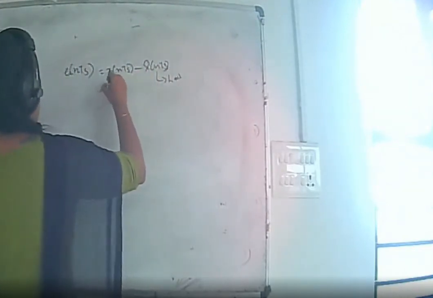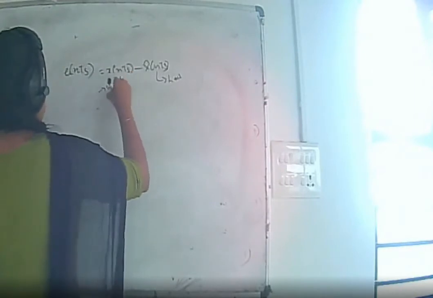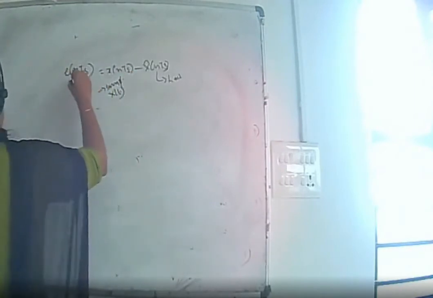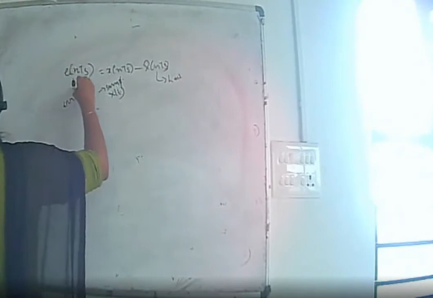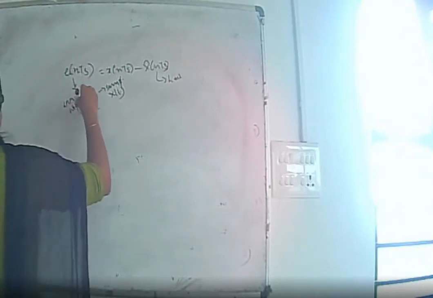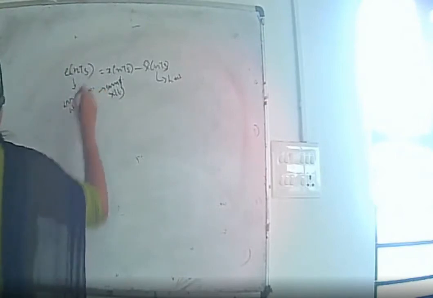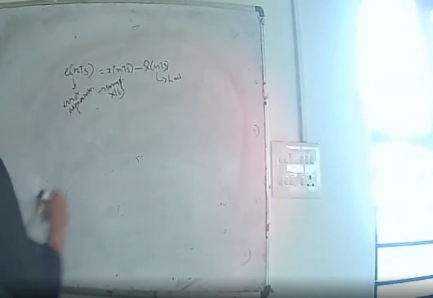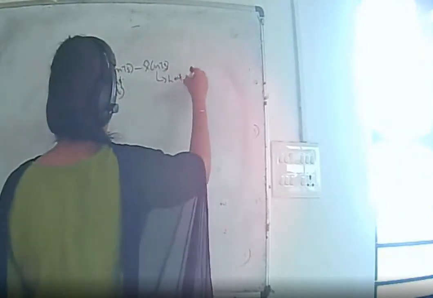E of nTs is the error at the present sample.